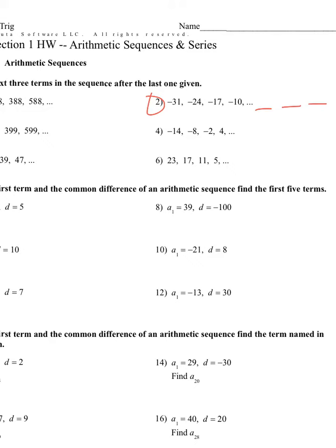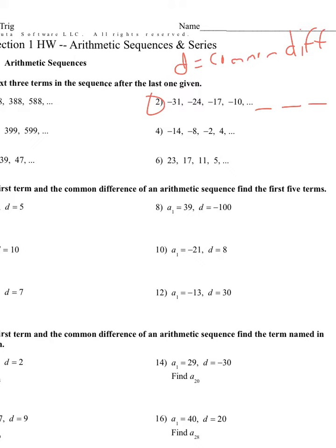In an arithmetic sequence, we have something called the common difference. We define it as D, so we're going to call it the common difference. And again, that's the number that we're adding or subtracting to get from term to term in a sequence. You can find that by taking one term and subtracting the term in front of it.